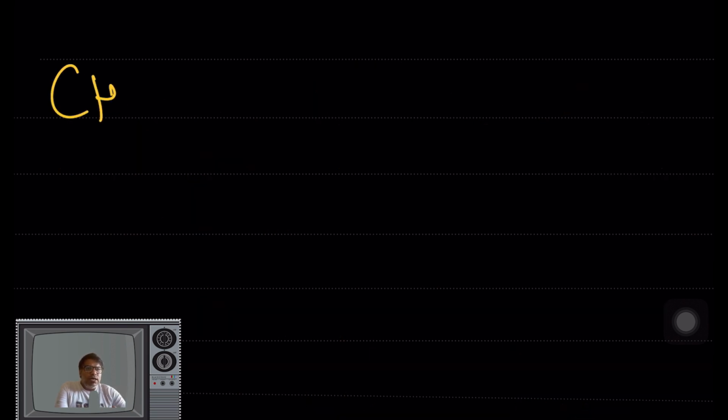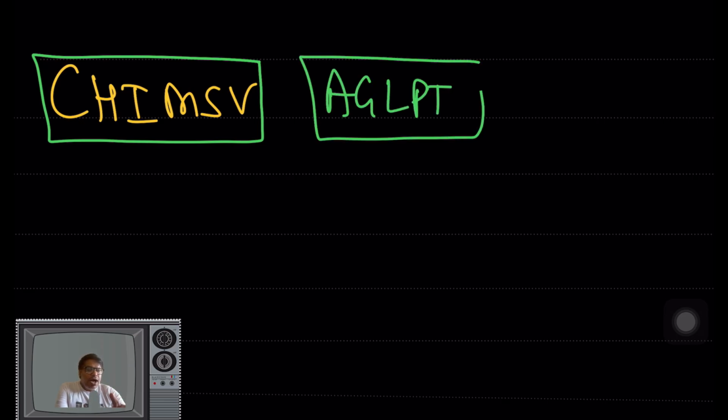Now try to see these acronyms, CHIMSP. Hopefully, if you have prepared your notes and revise whatever I have told you, then you can easily tell me the sequence of amino acids. Here C for cysteine, H for histidine, I for isoleucine, M for methionine, S for serine, V for valine.